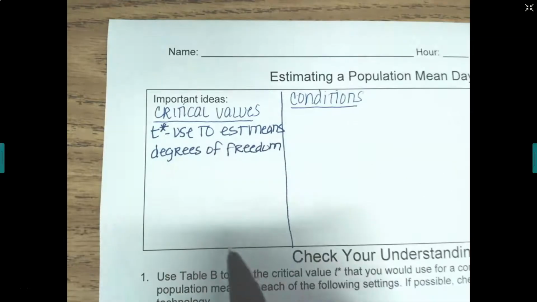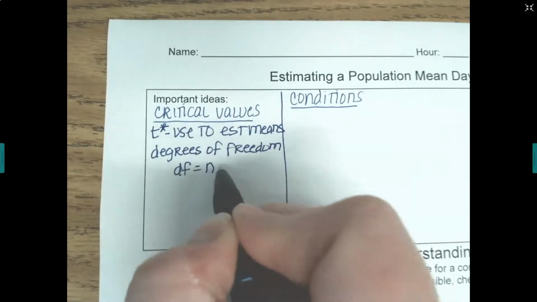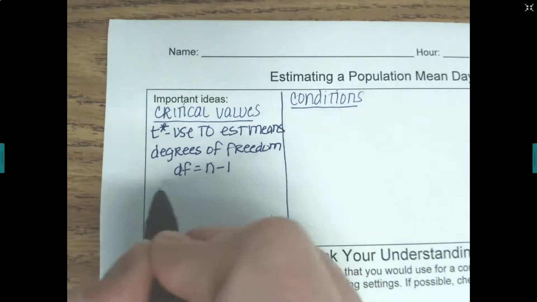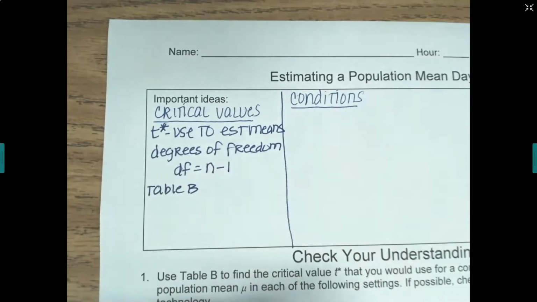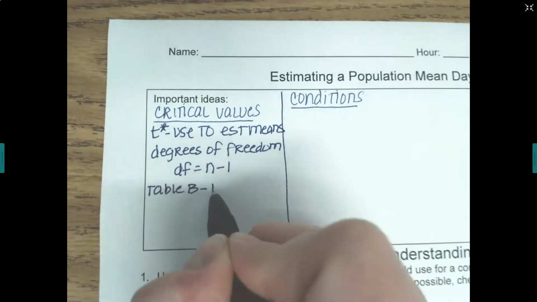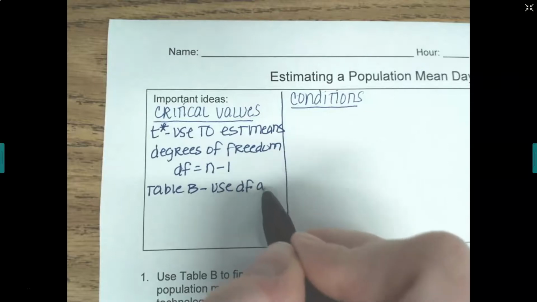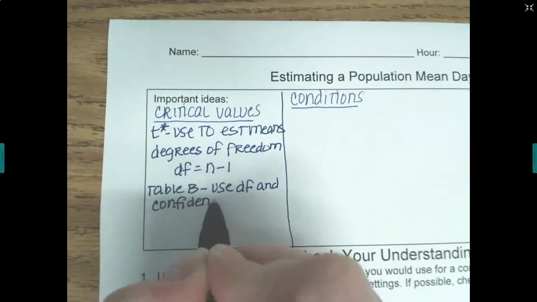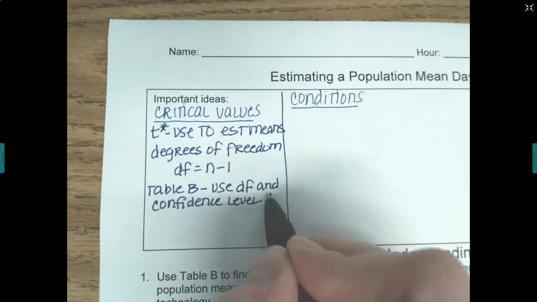And to find your degrees of freedom, you take your sample size minus 1. Once you do that, you're going to go to Table B, and you're going to use the degrees of freedom and the confidence level to find t star.